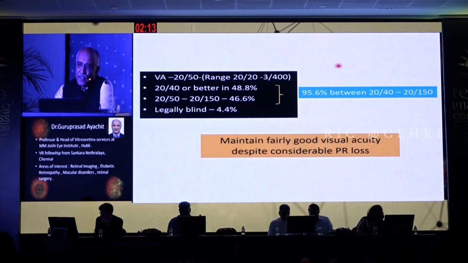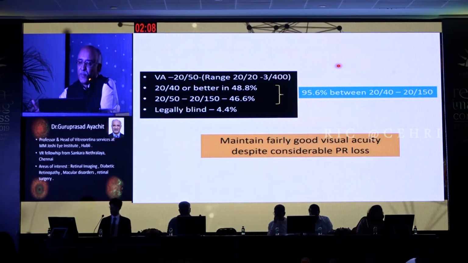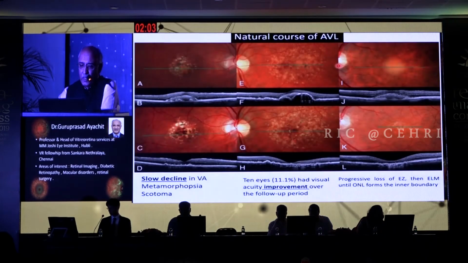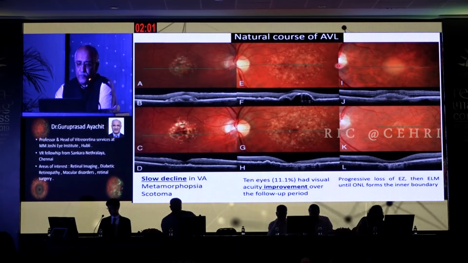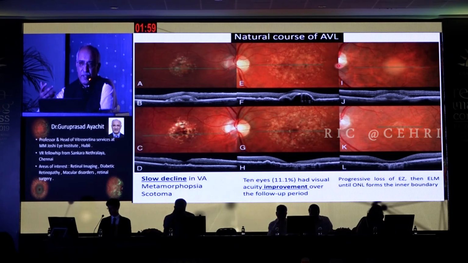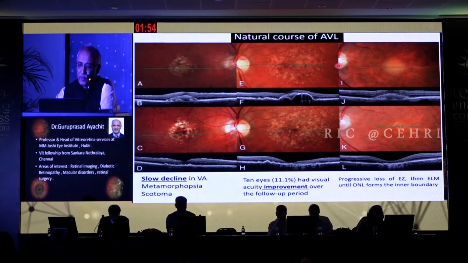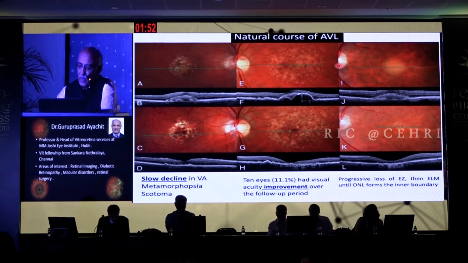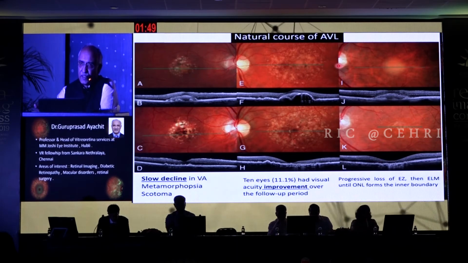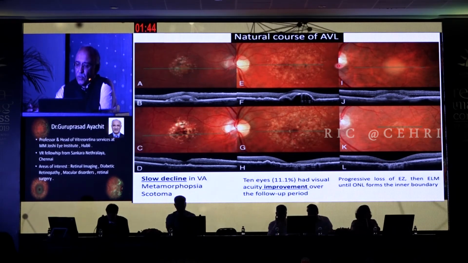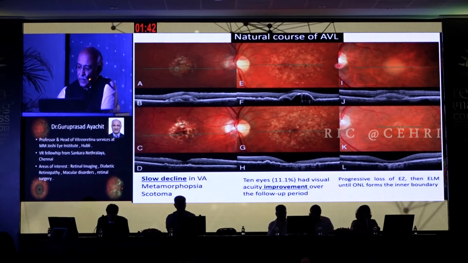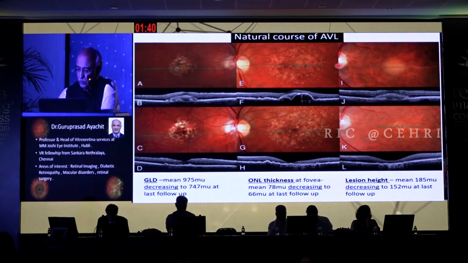So vision is usually well maintained, and most of them, that is 95% of them, maintained between 6/12 and 6/36. There is a slow decline in vision, and of course there can be some improvement in some patients with resolution, but there is a progressive loss of EZ in most patients, and then progressively the ELM, and finally the outer nuclear layer also can get affected by the acquired vitelliform lesions.